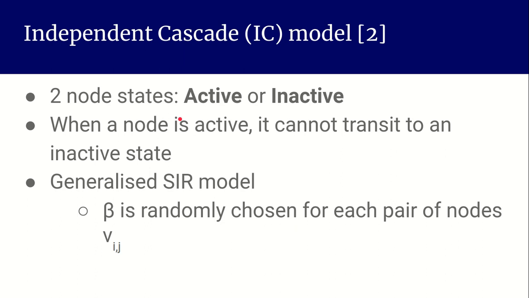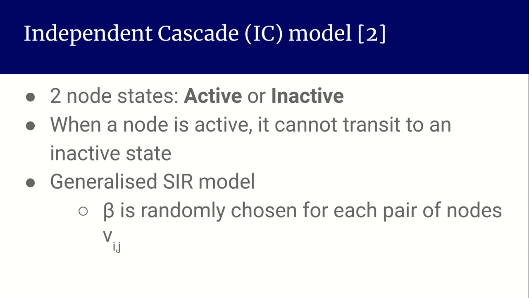Okay, now we pass to more complex models. The independent cascade, from now on we refer to it as IC, has two states as in the previous model. The IC model is a generalization of the SIR model, where the probability beta of infecting a neighbor can be randomly chosen for each pair of nodes v sub i, j.